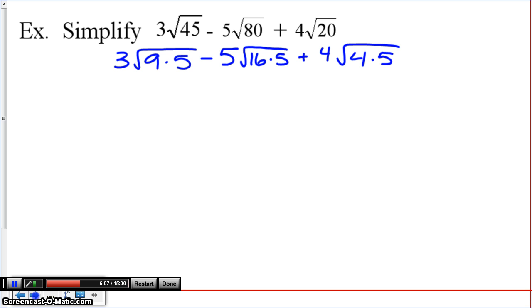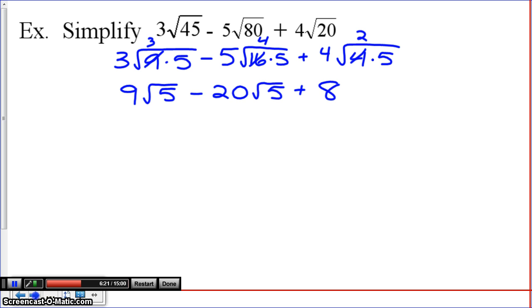So when I simplify each of these, I'm going to wind up with 9 square root of 5 minus 20 square root of 5 plus 8 square root of 5. So doing my order of operations, I add and subtract from left to right, so I wind up with negative 3 square root of 5.